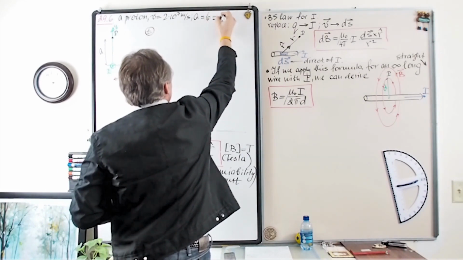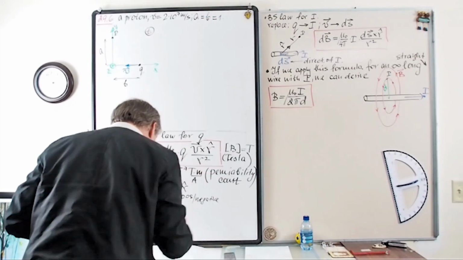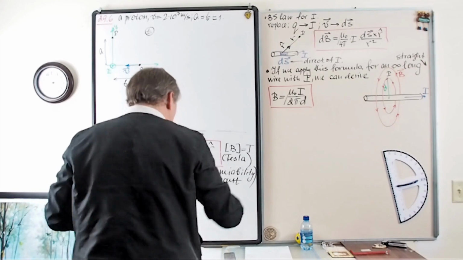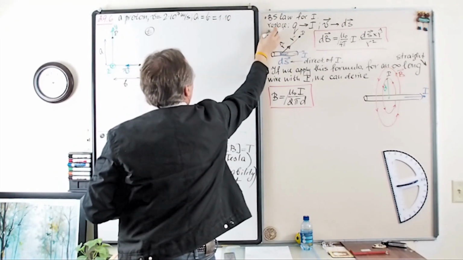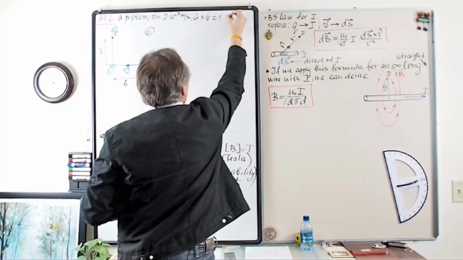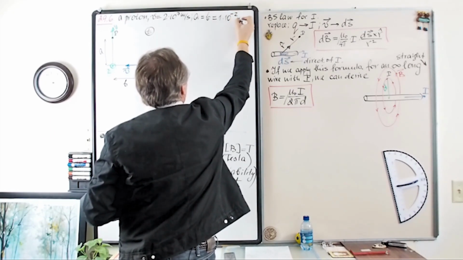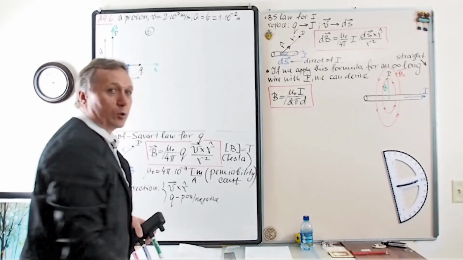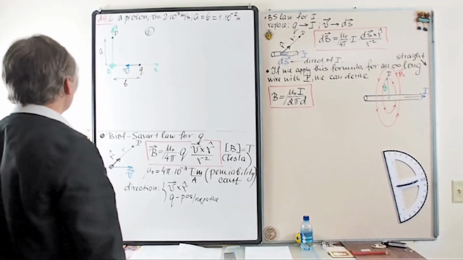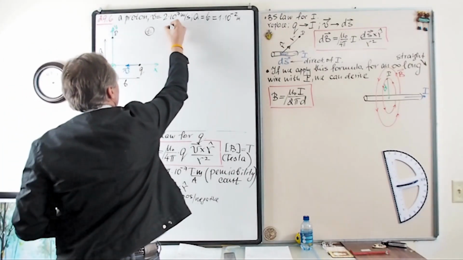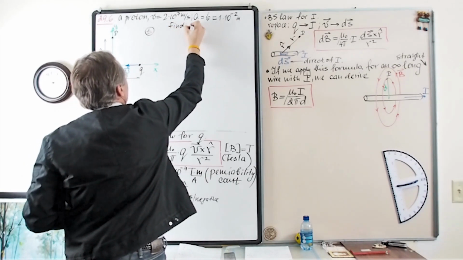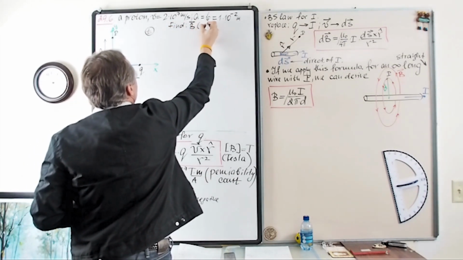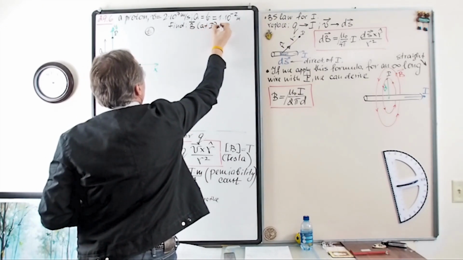For the sake of simplicity, it's 1 centimeter. Let me convert to meters: 1 times 10 to the power of minus 2 meters. So we need to find the magnetic field B at point P.